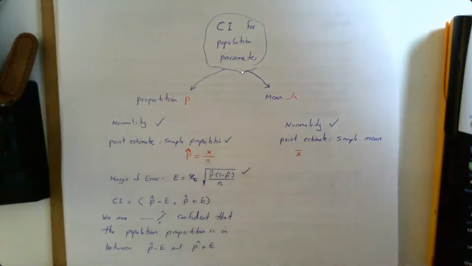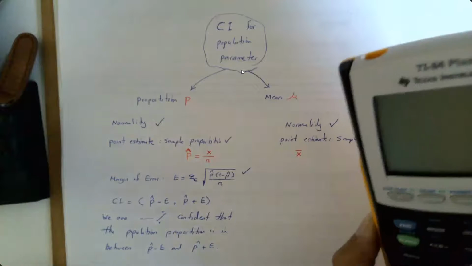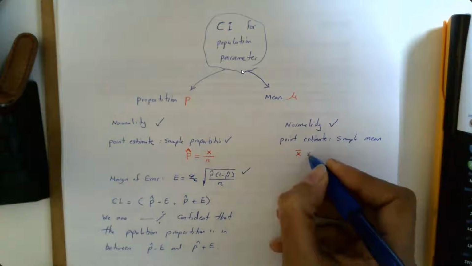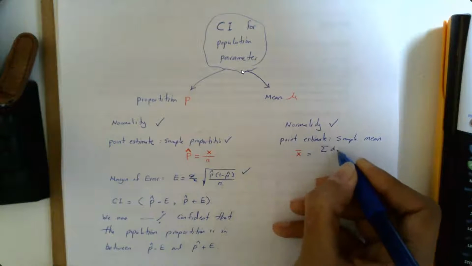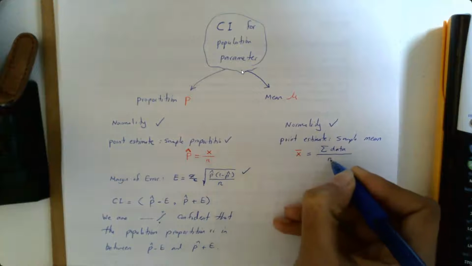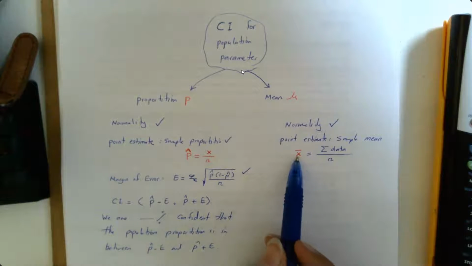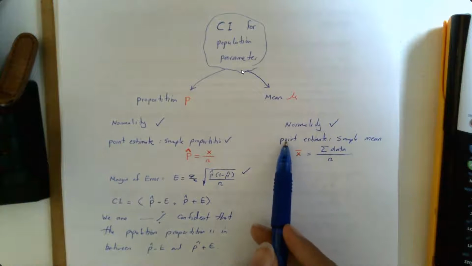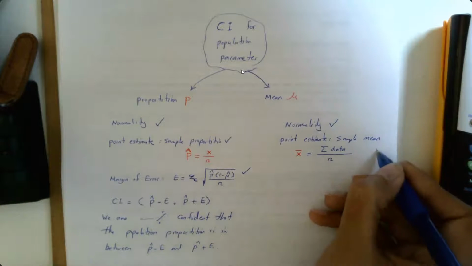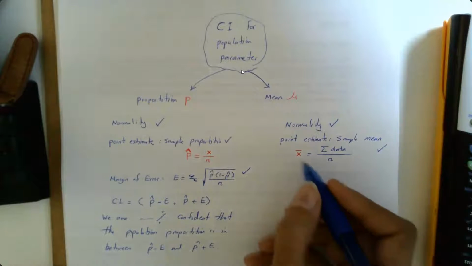We use our calculator to find the sample mean by adding all of the numbers, the sum of data in the collection, divided by the sample size to find X bar. After finding the point estimate, we move to find the margin of error.